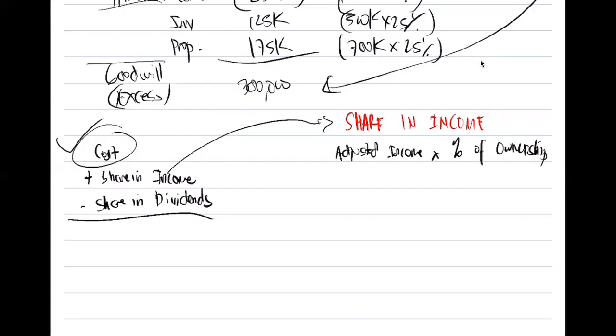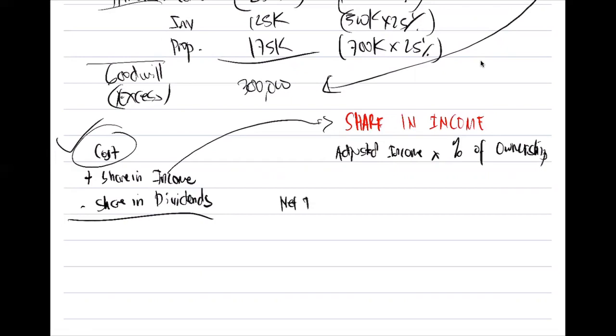Okay, so what we do is we get first your net income, and then we add or deduct your amortization, and then we deduct your preference shares dividend. Okay, we go first on your net income.